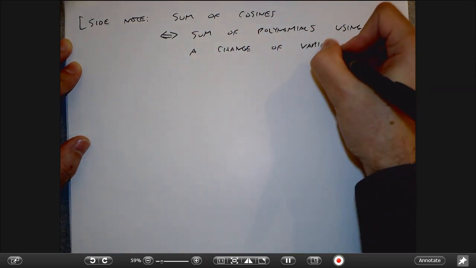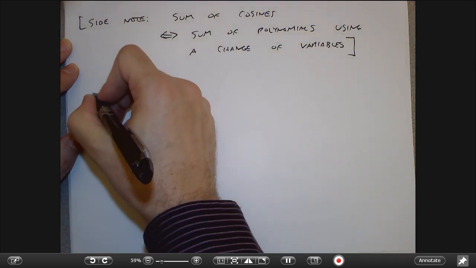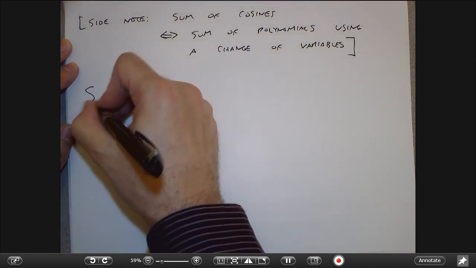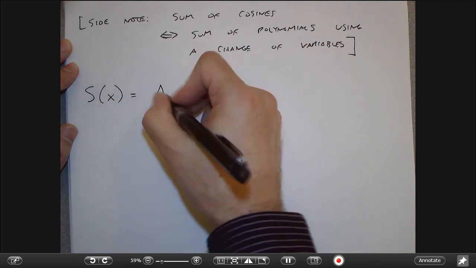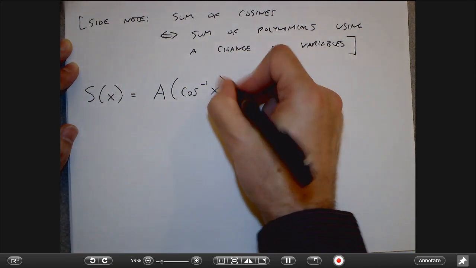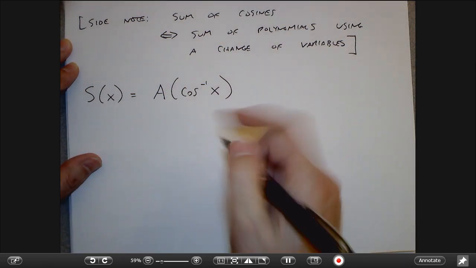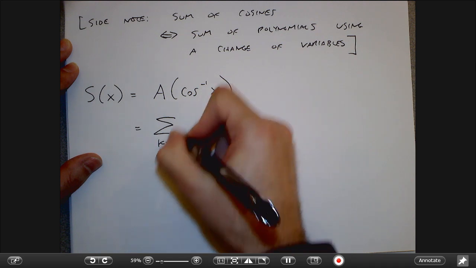And so for those of you that are mathematically inclined, what I'm going to do is define a new function of x, where it's the amplitude of the inverse cosine of this angle, right? So what that means is that I'm taking my sum of cosines like this.